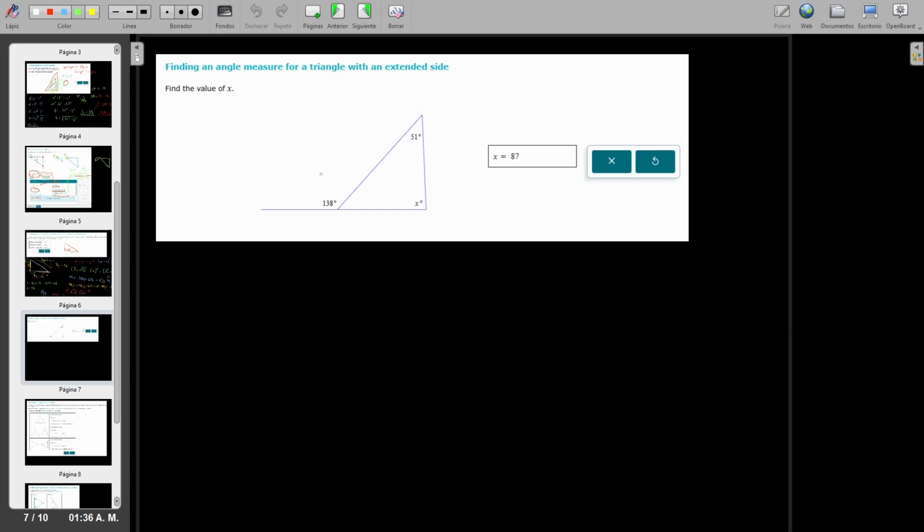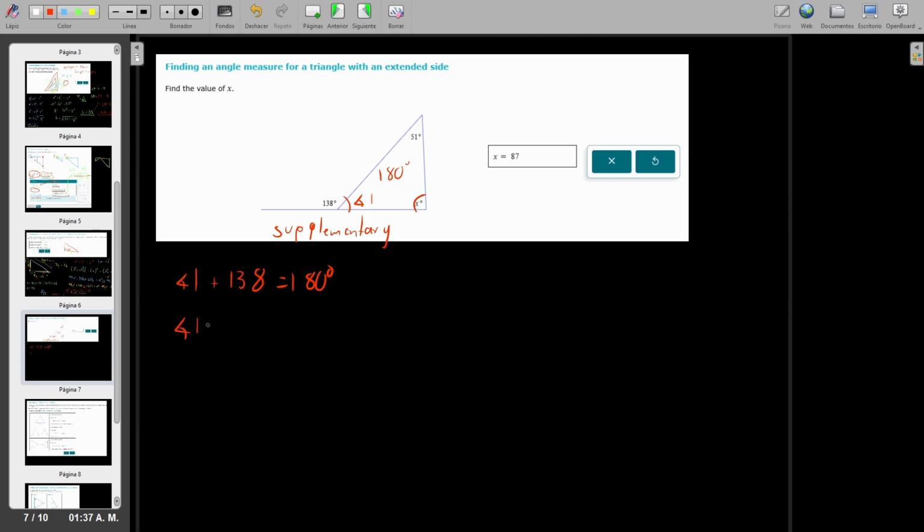Remember what I said, all the internal angles of the triangle give us a value of 180 degrees. This is a supplementary angle, which means that this angle, we put it like angle 1 plus 138 is going to be equal to 180 degrees.